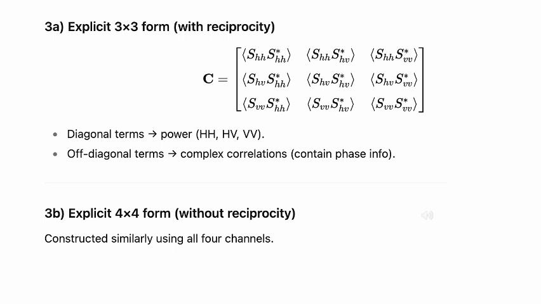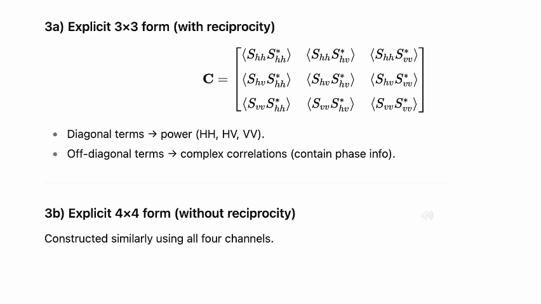Before we finish, a quick interpretation about what we discussed. In the Pauli or coherency representation, the three principal components often map intuitively to scattering mechanisms: single bounce, that is surface; double bounce, that is dihedral or man-made; and volume scattering, that is vegetation.